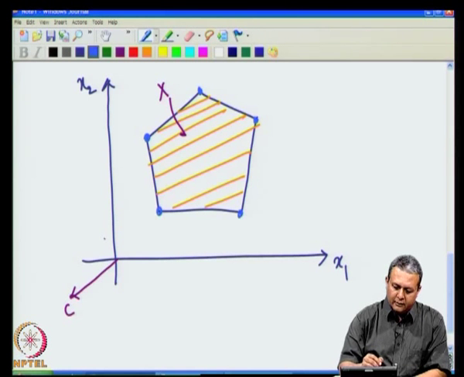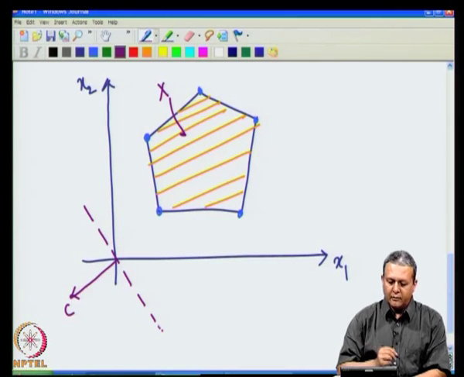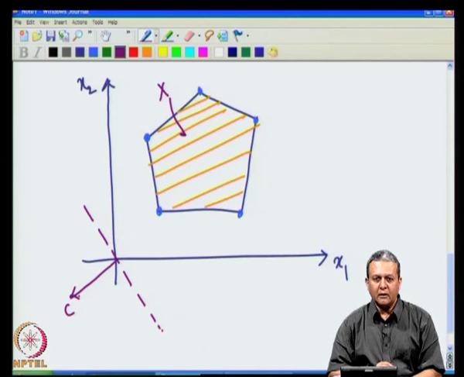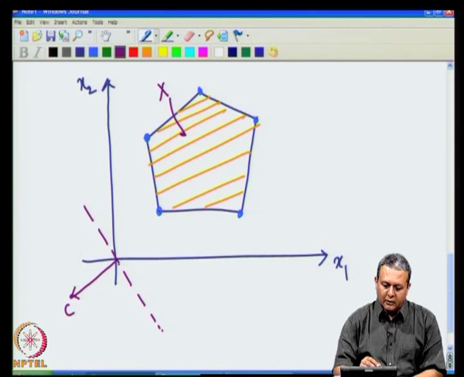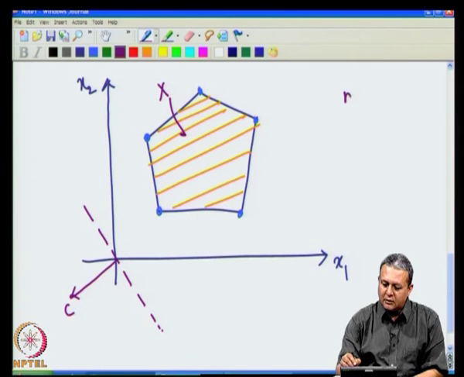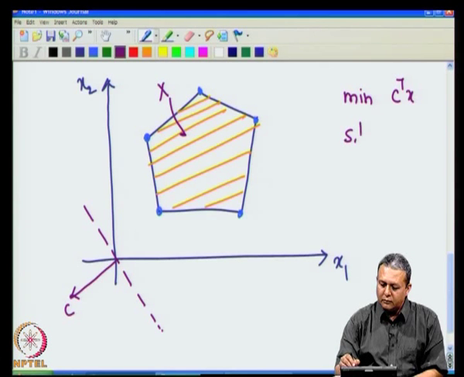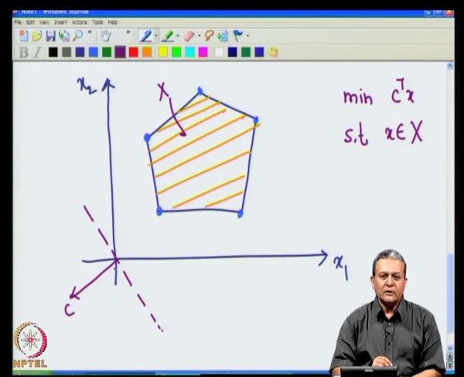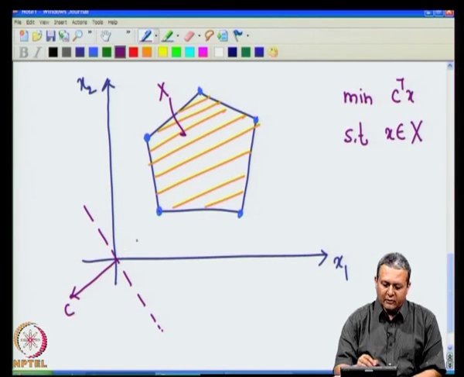and if we take a hyperplane which is perpendicular to C, or the hyperplane for which C is a normal vector, then we are interested in minimizing C transpose X subject to X belongs to X. So, minimization of C, as we saw earlier, that will occur in this direction.